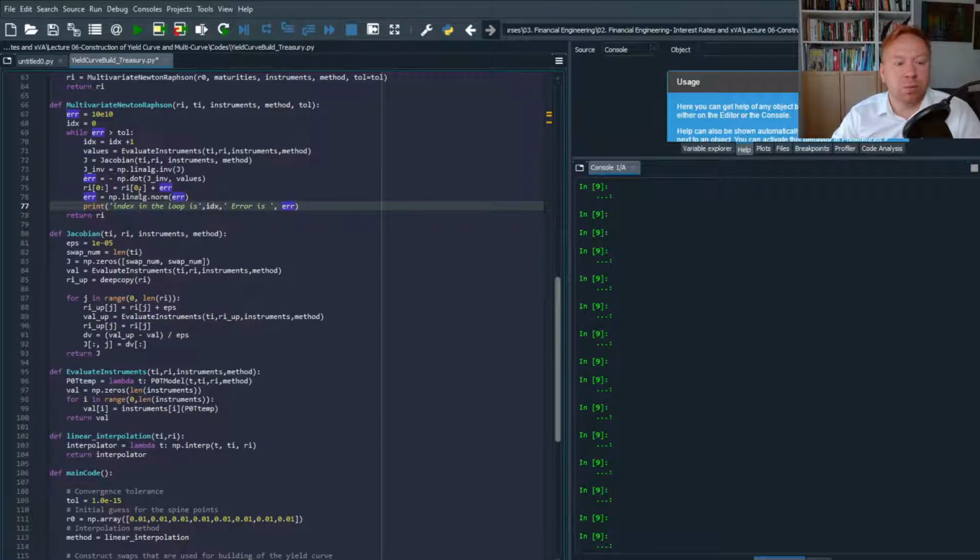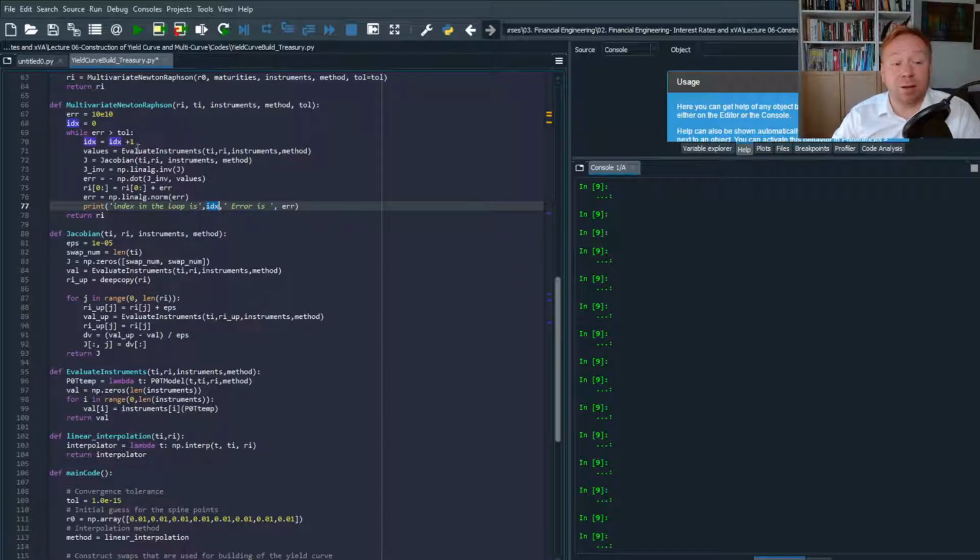So you see, it's a very simple while loop. Of course, the risk here is that if we don't have any convergence, this loop will be running infinitely, so it will never end. So sometimes it's a good idea to also count. You see, we have this index of number of iterations, and I'm using this index here to print the output, just to indicate how many iterations were needed to perform the calibration.